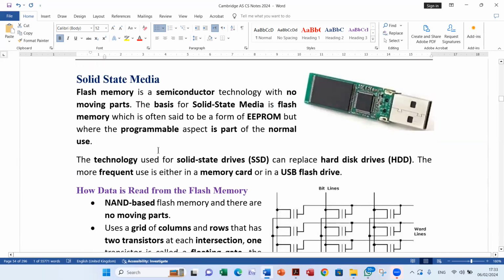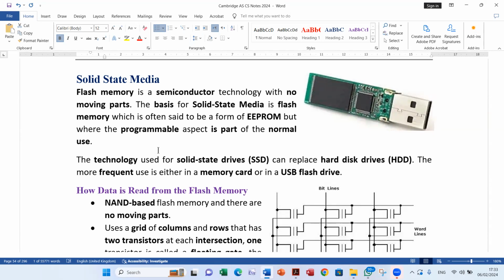Okay, so let us move to the other one, called solid state media or solid state drive. This is flash memory. It's a semiconductor technology with no moving parts. The basis for solid state media is flash memory, which is a form of electrically erasable programmable ROM discussed earlier, but used normally, not programmed in the factory.